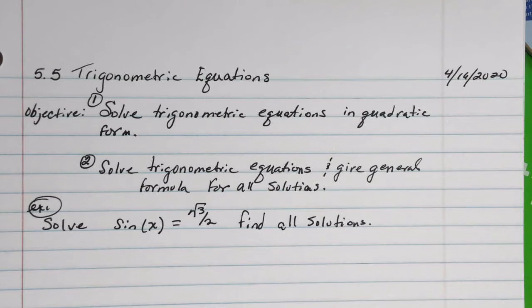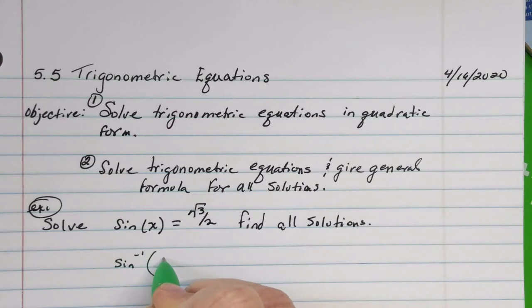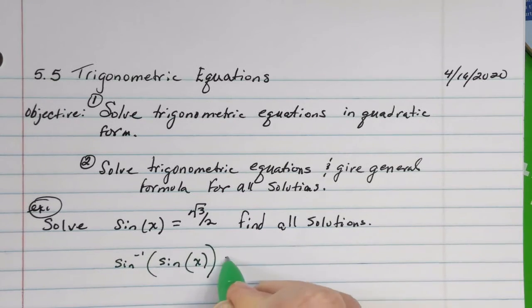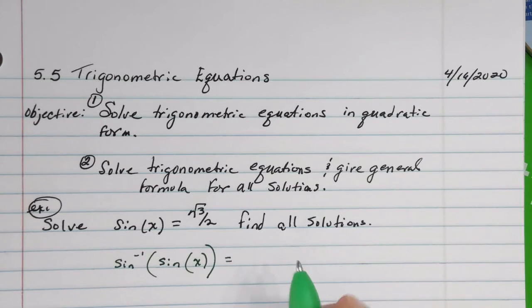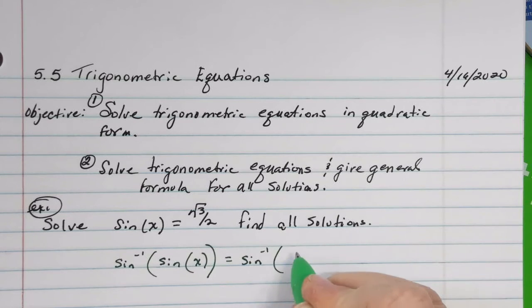Well, there's a couple of ways to think about this. Informally, you can think about it as you're trying to solve for x, meaning that you're taking the sine inverse of both sides to get rid of the sine function. And like I said, this would be informal because there are rules about when sine inverse is used, but it gives you a great way to think about the problem.